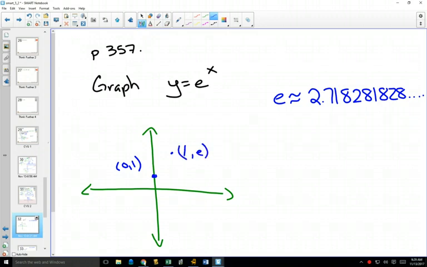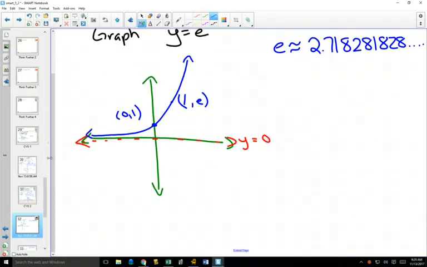You just have to estimate it at about 2.7. Has the same shape as all of our other exponential graphs. Has our asymptote at y equals 0, just like our other exponential graphs. And so now that you've graphed that one, you can now graph this one.